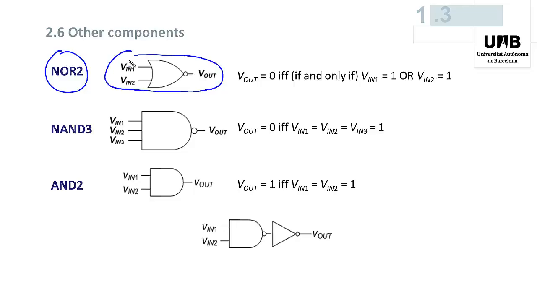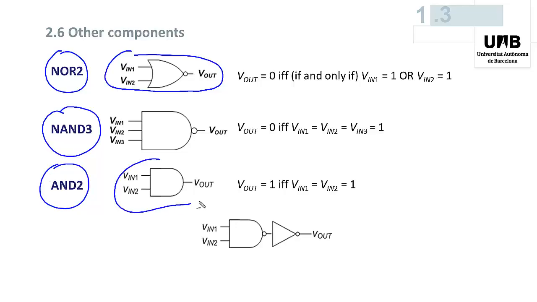A NAND3 gate generates an output equal to 0 if and only if its three inputs are equal to 1. An AND2 gate generates a 1 at its output if and only if its two inputs are equal to 1.